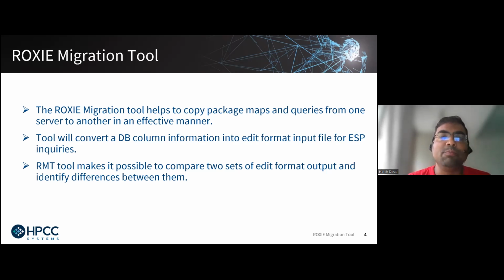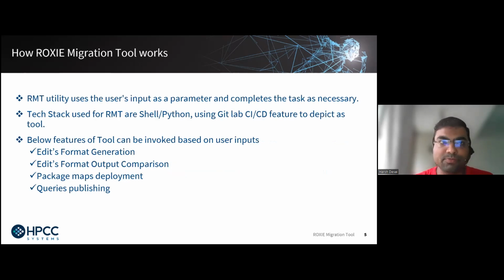And it completes into the format as we require. RMT also compares the output which is formatted from the ESP. Once we get an output from the ROXIE, the RMT will compare the two different data sets which we get. So that feature is also included in the migration tool.